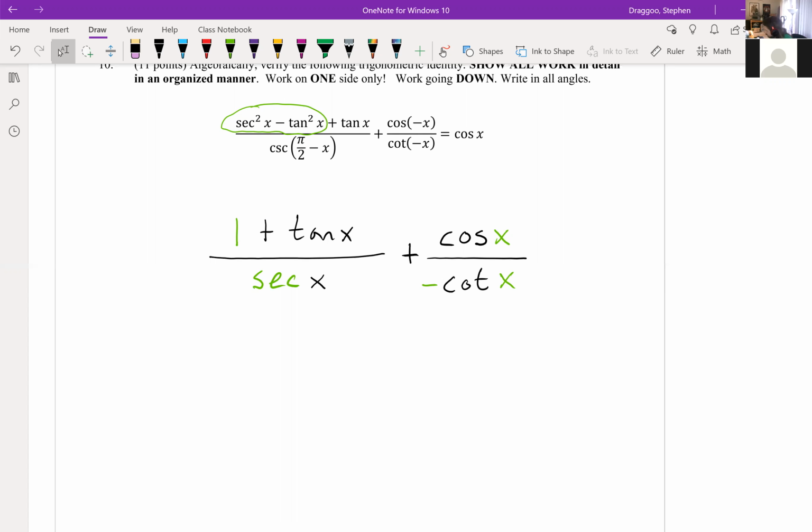All right, then let's reorganize a couple of pieces. 1 over secant is the same as just multiplying by cosine.